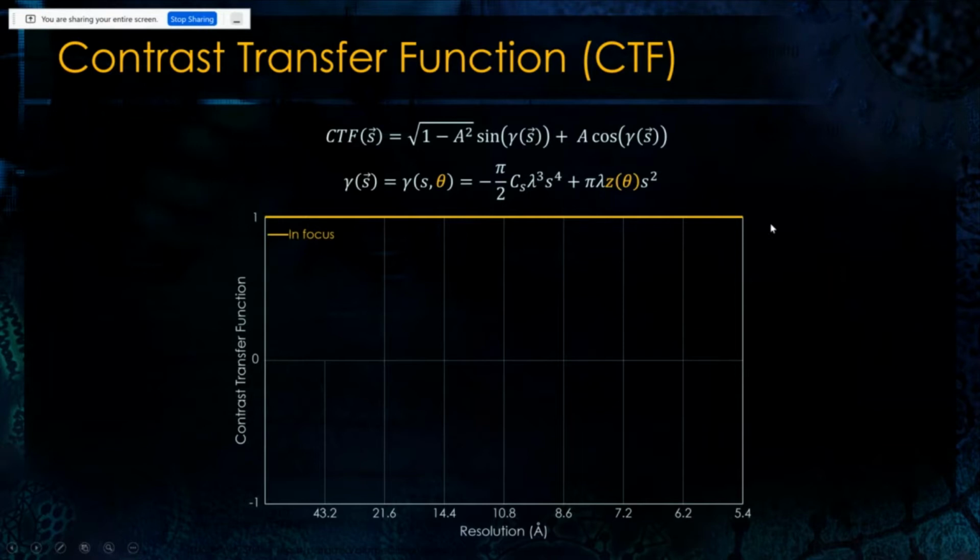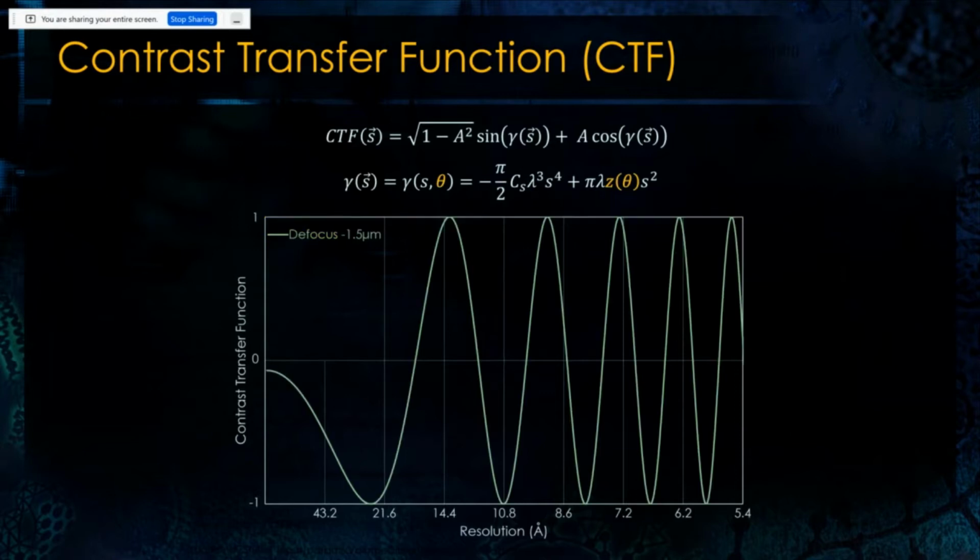Even if we are in focus, there is still some modulation, but in the ideal case it would look like that. However, in cryo settings, we never acquire in focus. We always have a bit of defocus, and our signal becomes modulated like that, which corresponds to the waves we saw in the image before.